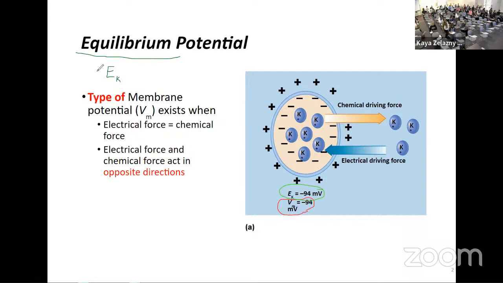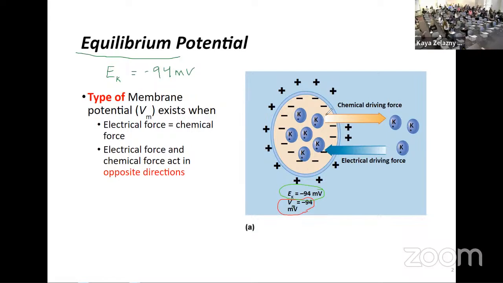So this would be saying the equilibrium potential of potassium equals negative 94 millivolts. So if our cell is at negative 94 millivolts, so if Vm, our membrane potential, equals EK, our equilibrium potential for potassium, that means that there's no overall force for potassium to move.